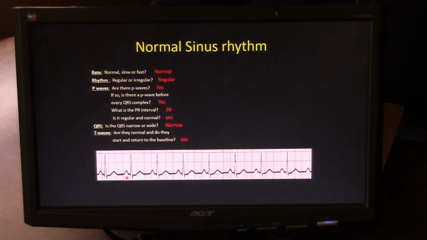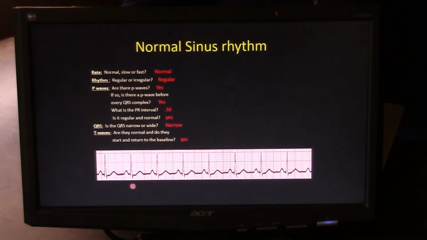This one starts right after it. 1, 2, 3, 4. The beginning of this P wave to the beginning of this QRS complex equals 4 boxes. 4 times 0.04 seconds is 0.16. I just told you that normal PR interval was 3 to 5 boxes, or 0.12 to 0.20 seconds. Therefore, 0.16 is normal.